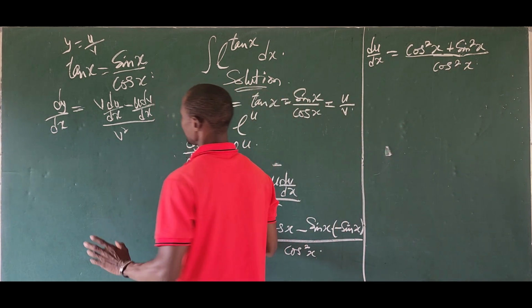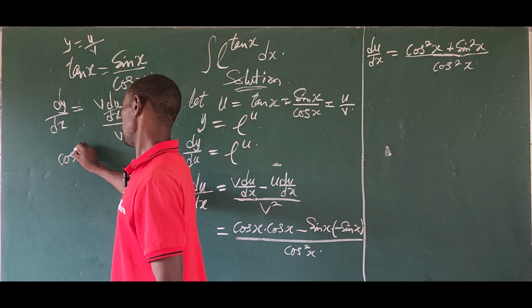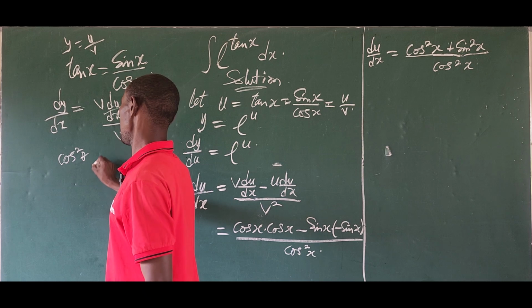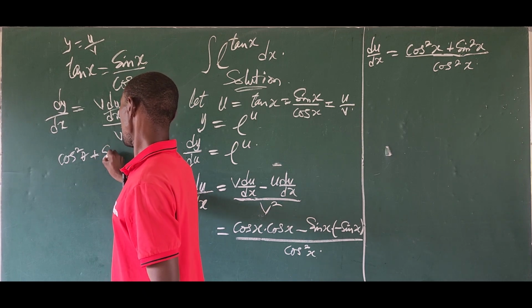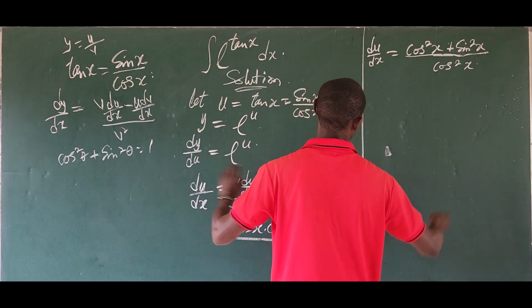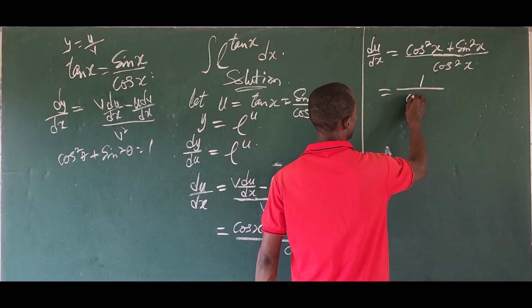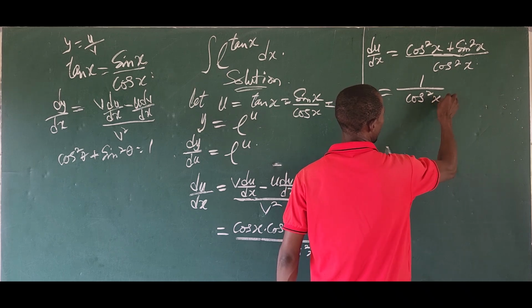Now from our trig identity again, we know that cos squared theta plus sine squared theta is equal to 1. So this is going to give us 1 all over cos squared x.